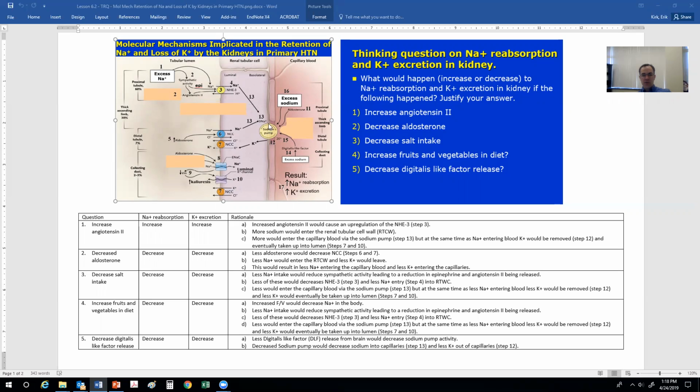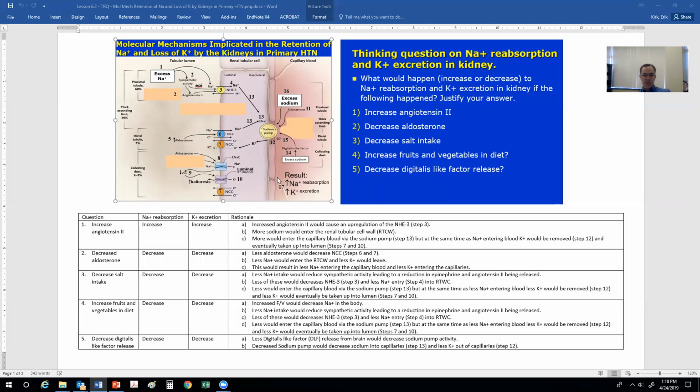Therefore, less would be available for the sodium pump to be activated to move sodium into the capillary blood. And also, without sodium moving into the capillary blood and with the reduction of the sodium pump, less potassium would leave the capillary blood and make its way into the lumen. So you'd have a decreased reabsorption of sodium and also a decrease in potassium excretion.